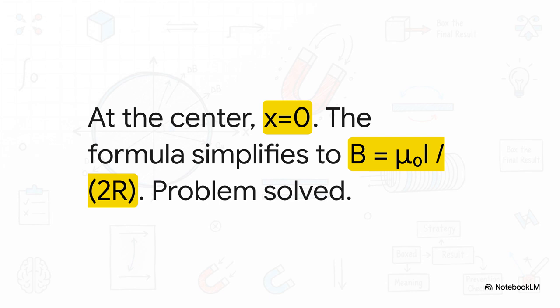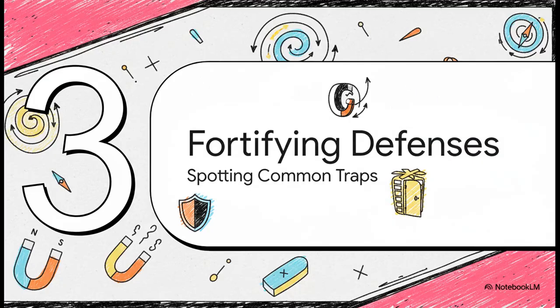And watch what happens. That big, scary formula instantly collapses into this beautiful, simple one. B equals mu naught I over 2r. You just plug in the numbers and you've got the answer in less than 30 seconds. That is the power of the theory bridge. Full marks, zero guesswork.